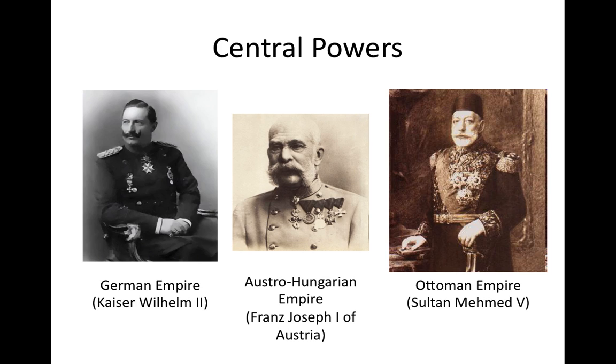Now, there's an important similarity between the three major Central Powers. All three of them, the German Empire, the Austro-Hungarian Empire, and the Ottoman Empire, were more or less autocratic nations, that is, ruled for the most part by a monarch or an emperor or what you might call a dictator, an autocrat, in the case of the German Empire.